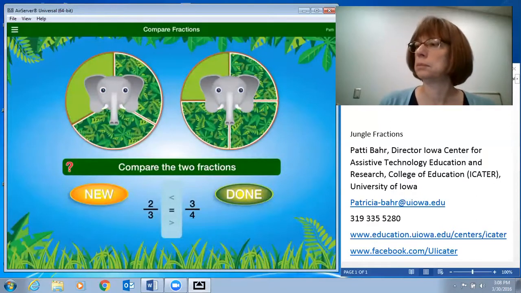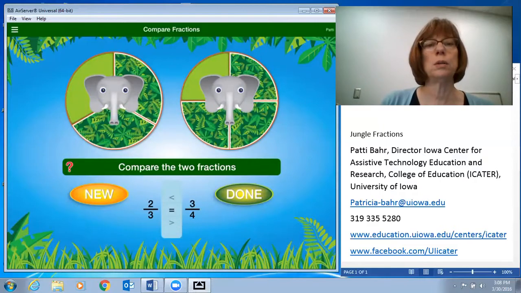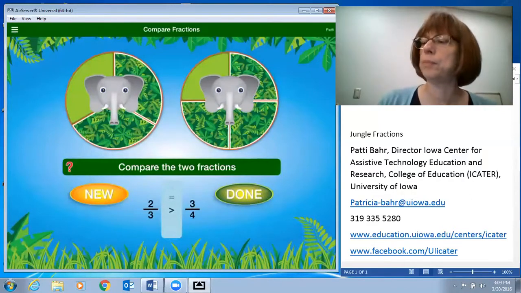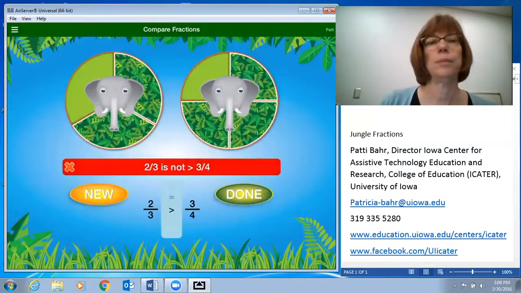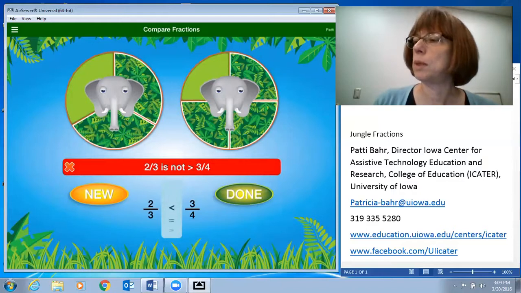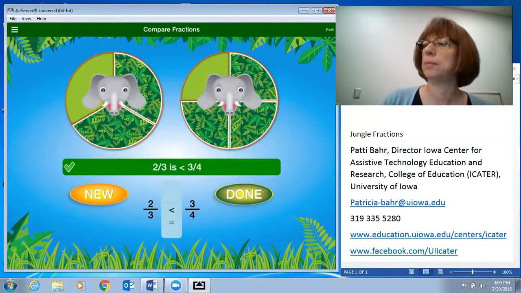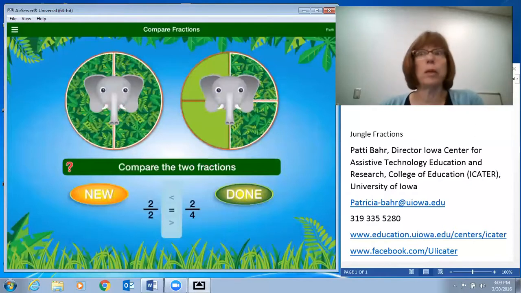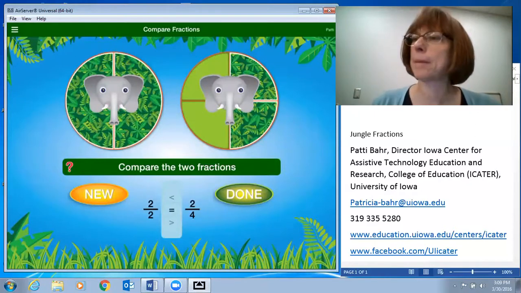Compare the two fractions. If I say this one is larger, I'm just going to scroll that up. Greater than. Oh, I didn't like that one. So I'm going to say that it's greater than. Less than.